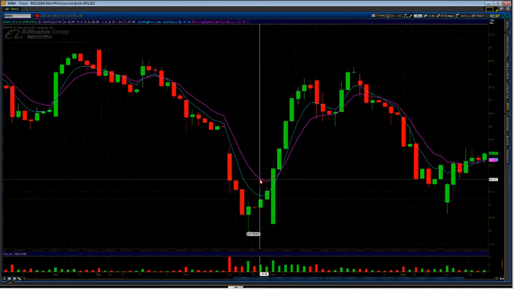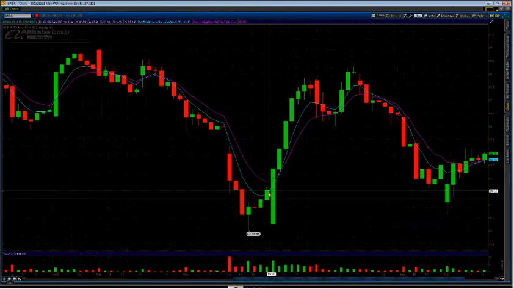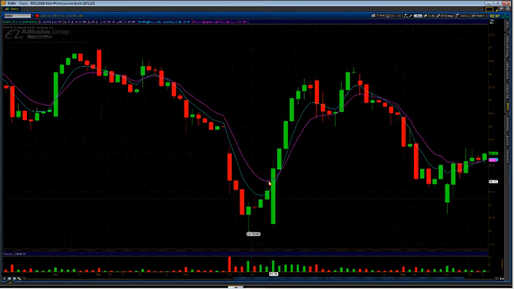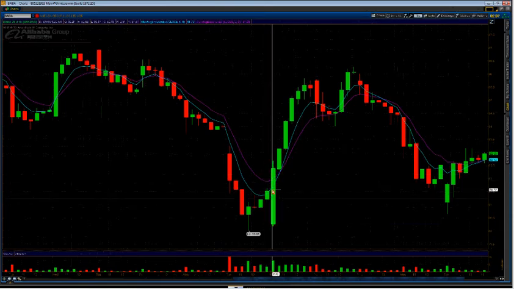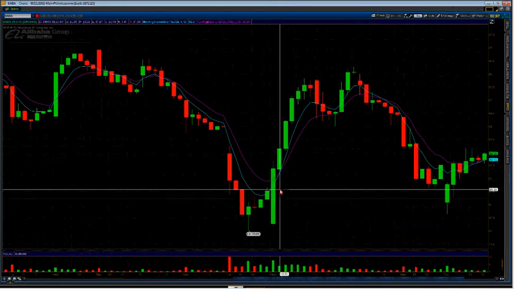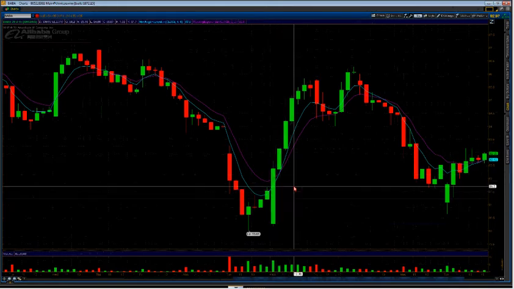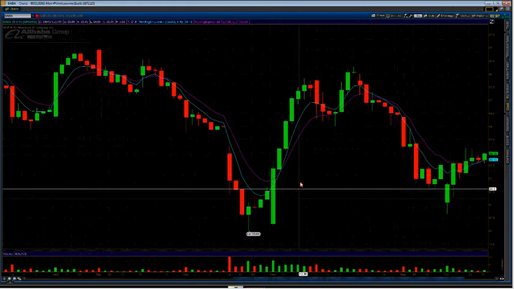So if I'm going to go long, I'm not going to go long unless that 9 is not pointing down, which means if I'm going to go short, I would not go short if the 9 is pointing where? Pointing up.